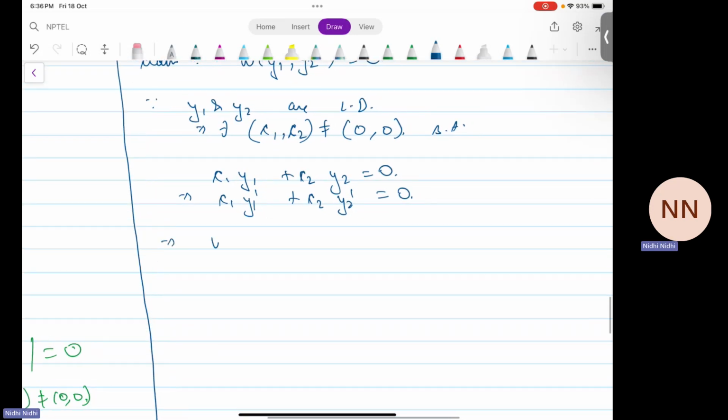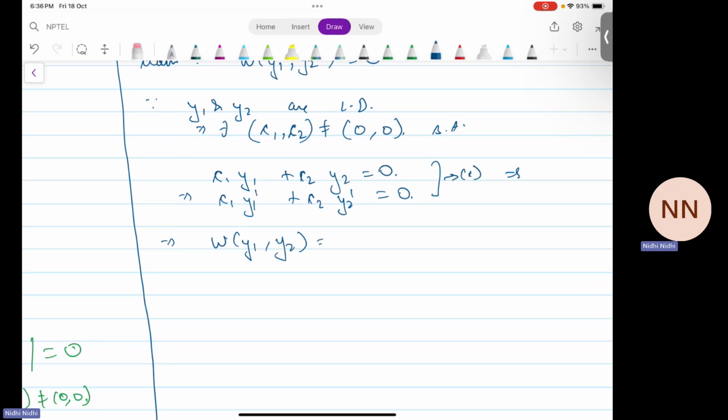This implies the Wronskian of y1, y2. Now, since these c1, c2 are non-zero, the tuple c1, c2 is a non-trivial solution to this system star.